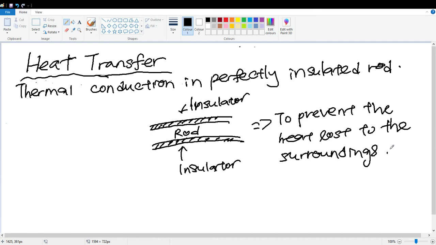Okay, so since there is no heat loss, the temperature at every point of this rod is actually equal. Let me just write it down.